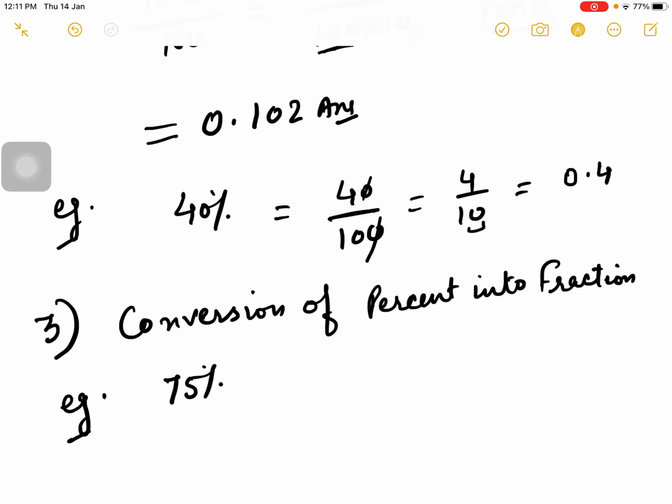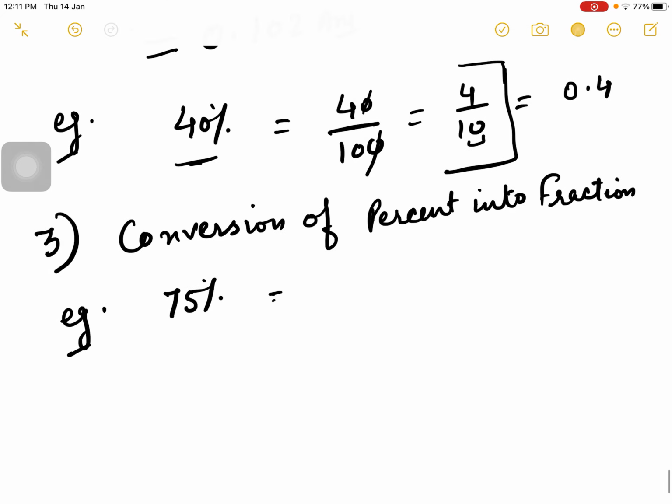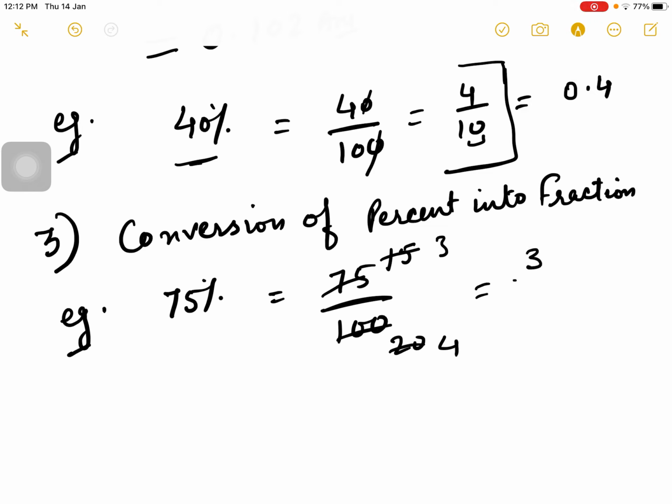Same as we did here, 40%. Now we do not have to convert into decimal, just leave the answer here. You know how to solve it. 75% is equal to 75 upon 100, but we will simplify it and write it in standard form. 5 1s are 5, 5 5s are 25, 5 2s are 10, 5 3s are 15 and 5 4s are 20. So in fractional form it is 3 upon 4 and in percentage form it is 75%.